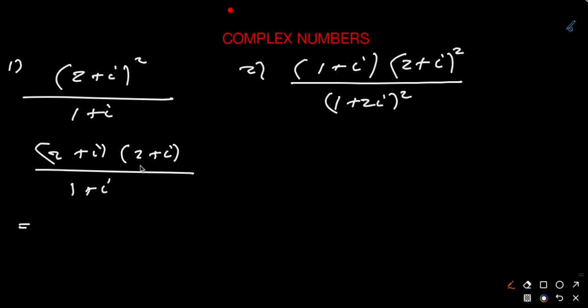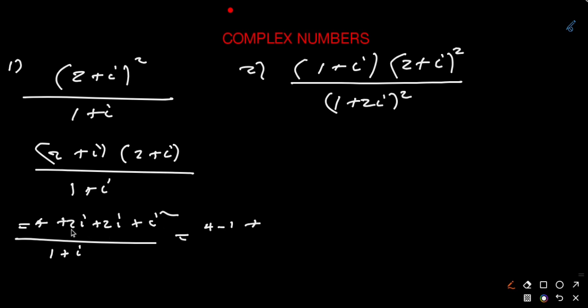This one multiplied by that one, I'm going to get 4 plus 2i plus 2i plus i squared, then divided by 1 plus i. Here we know that i to the power 2 is negative 1. So 4 minus 1, then 2i plus 2i, that is 4i. Okay?